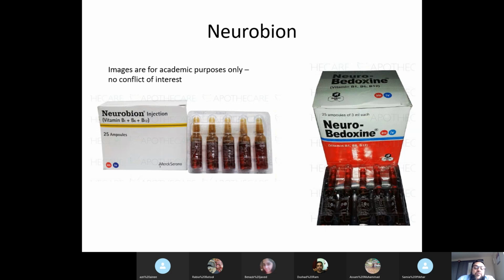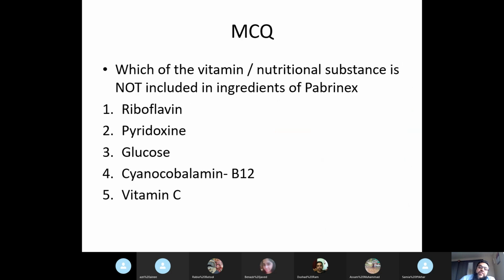So this is B1, B6, B12 Neurobion. So what is deficient here? Glucose is not there, and B5 I don't know, riboflavin maybe B2 or something. Riboflavin is not there. Pyridoxine may be there, and cyanocobalamin is there.